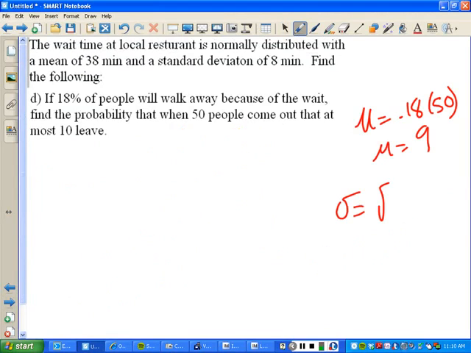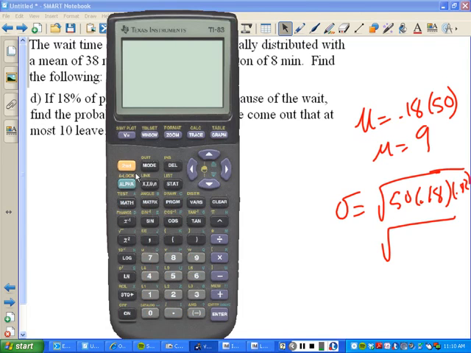The standard deviation is the square root of 50 times 0.18 times 0.82, which is the square root of... let's just do it. I don't want to do it in my head.